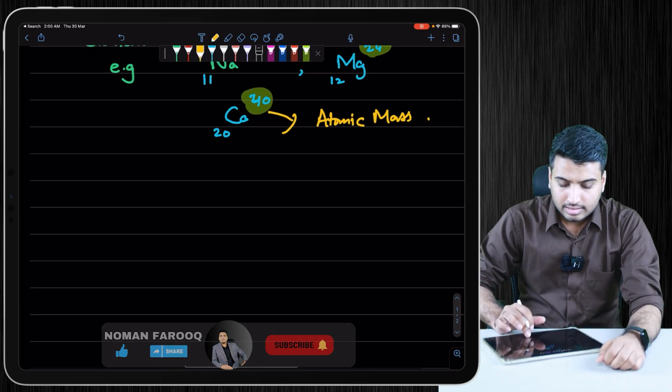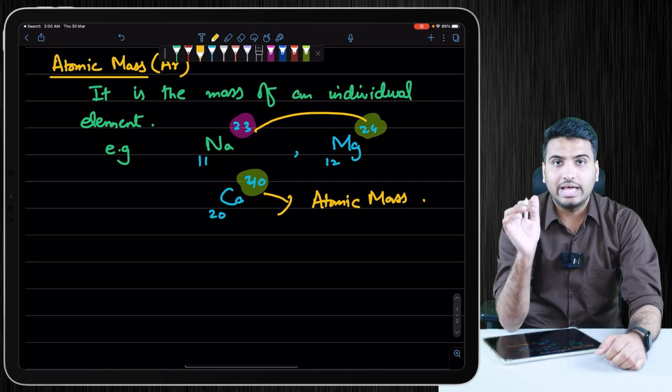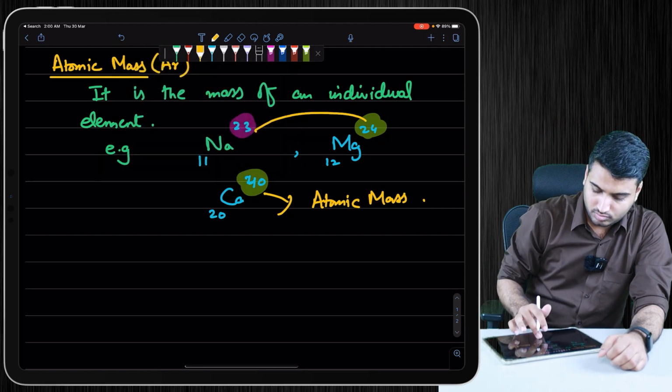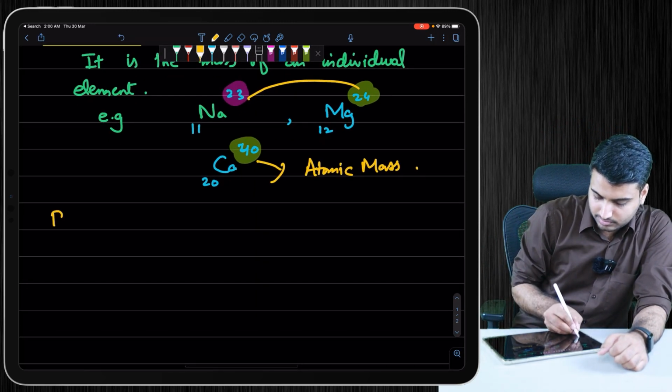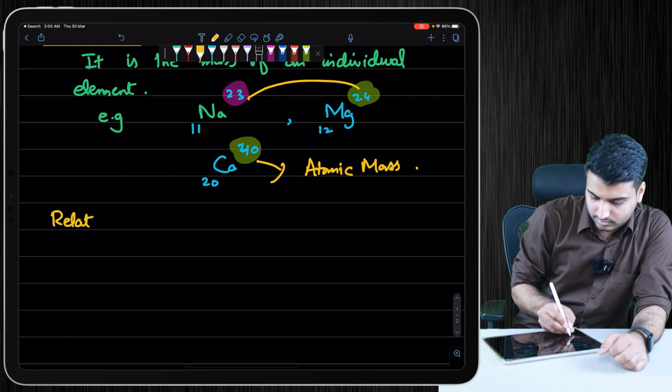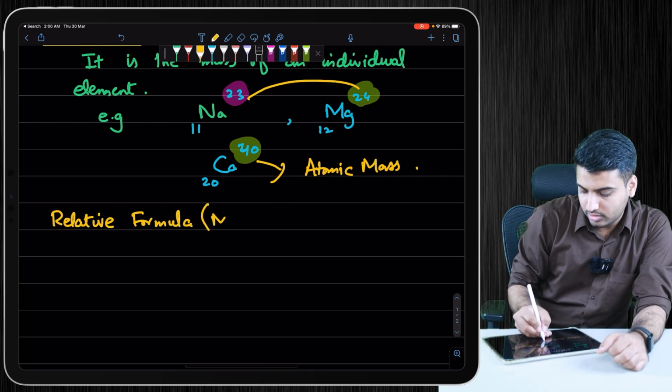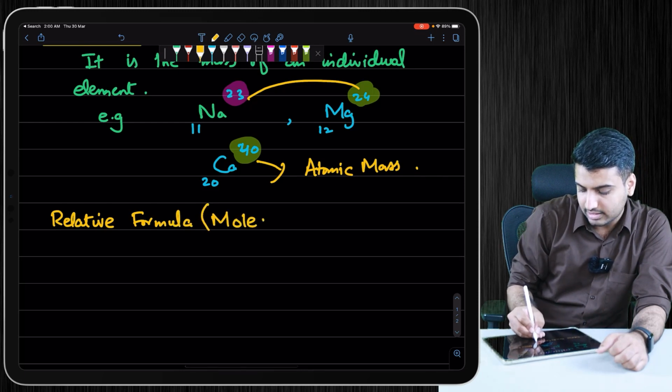Okay. Next we have relative formula mass, also called relative molecular mass.